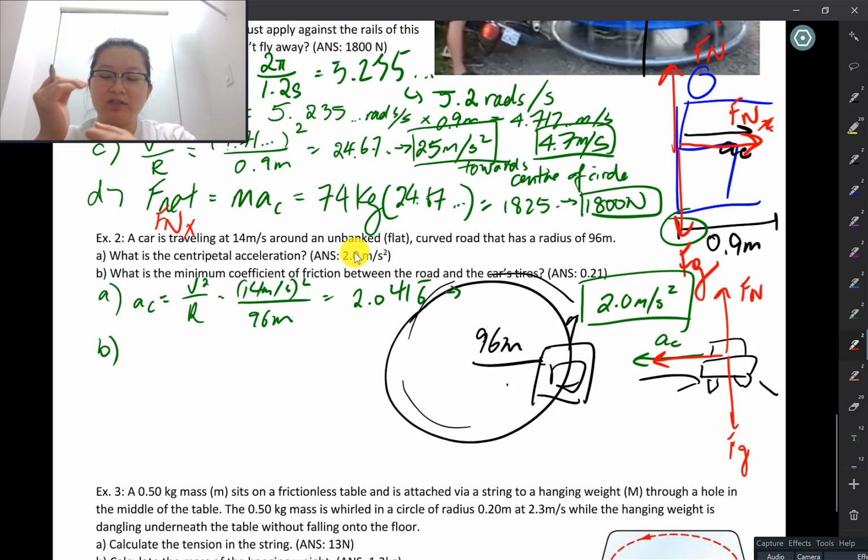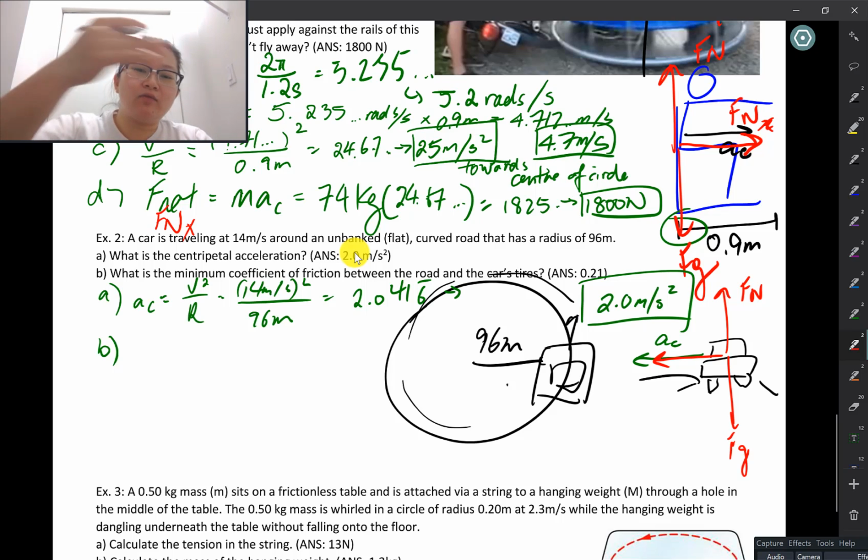The friction force between the tires and the ground is allowing the car to stay in the circle. Otherwise, it will start to skid off to the side if the road was too icy. Which is also why, if you're going too fast around a curved bend, you might hear a skid from your tires.